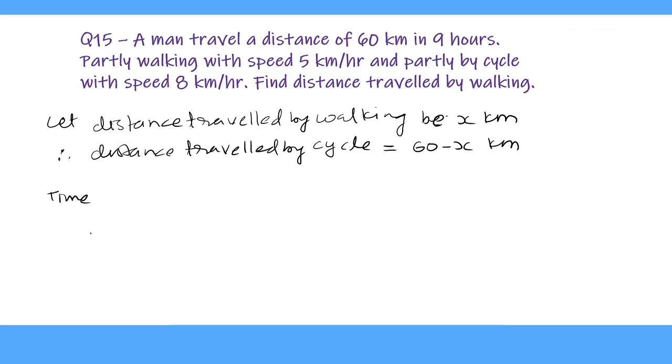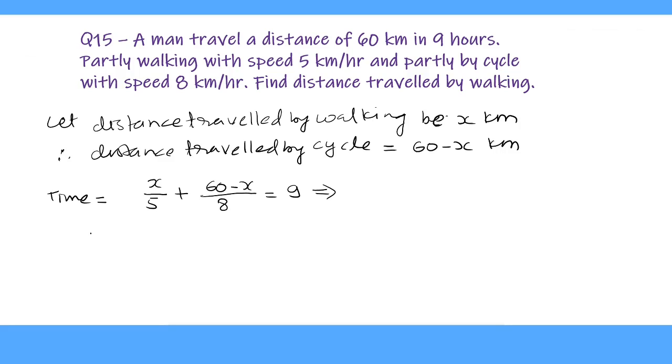So time for walking is, distance is x kilometer and the speed of walking is 5 km per hour. So it is x upon 5 plus 60 minus x, which is distance of cycling, upon 8 km per hour, which is the speed of cycling. So x upon 5 plus 60 minus x upon 8 is the total time, equal to 9 hours. So we multiply both sides by LCM of 5 and 8, which is 40.